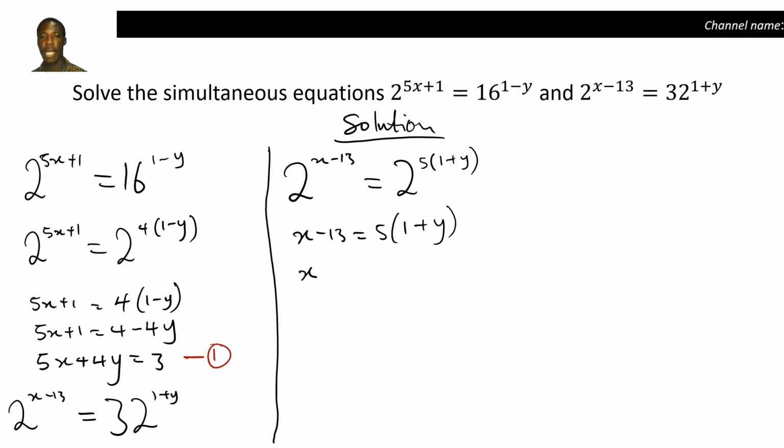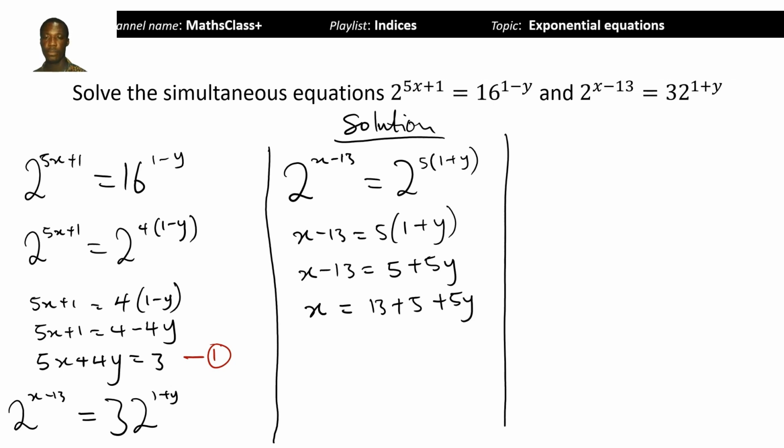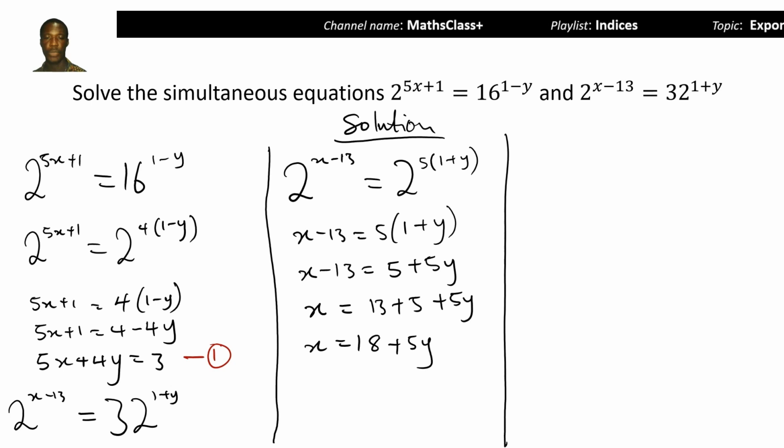So I will open the bracket and simplify. Okay, so from here I can write x is equal to 13 plus 5 plus 5y. So x is equal to 18 plus 5y. That becomes my equation 2.